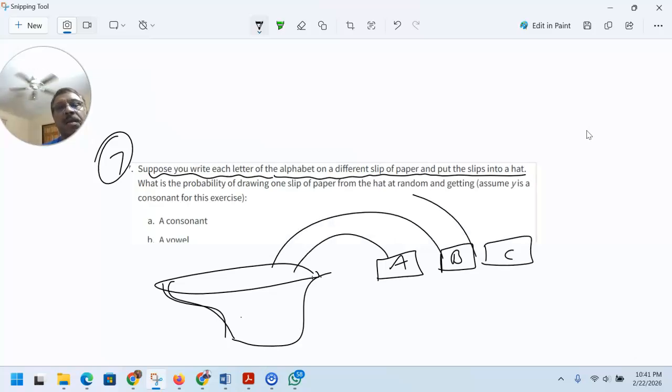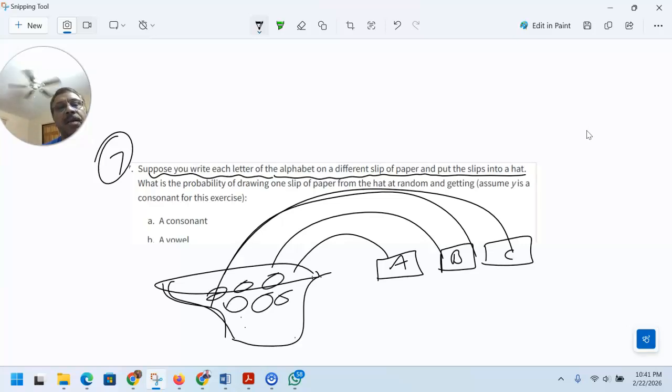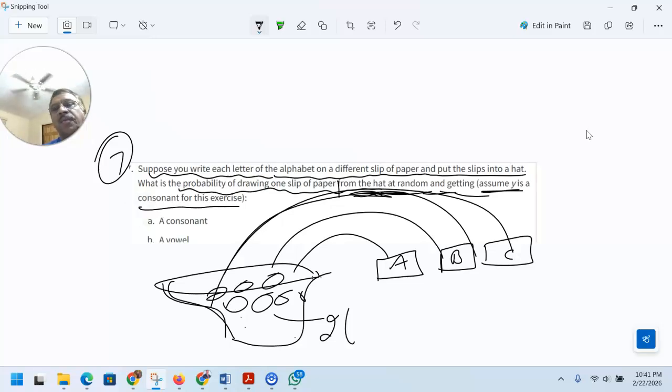All 26 of them are there. Altogether there are 26 of them. Then what is the probability of drawing one slip of paper from the hat at random and getting a consonant? Assume Y is a consonant for this exercise. So that means you're picking a consonant.